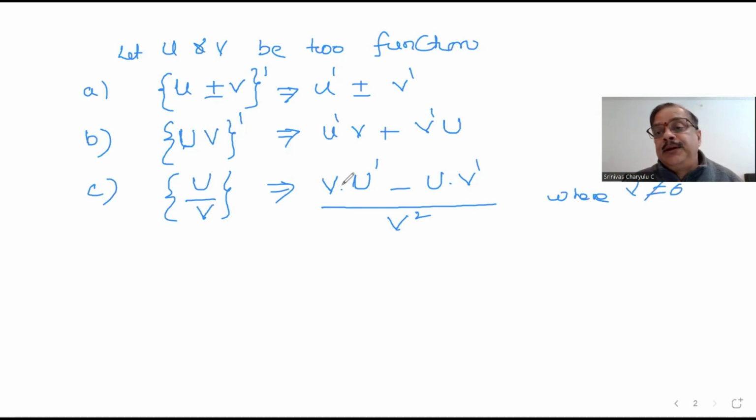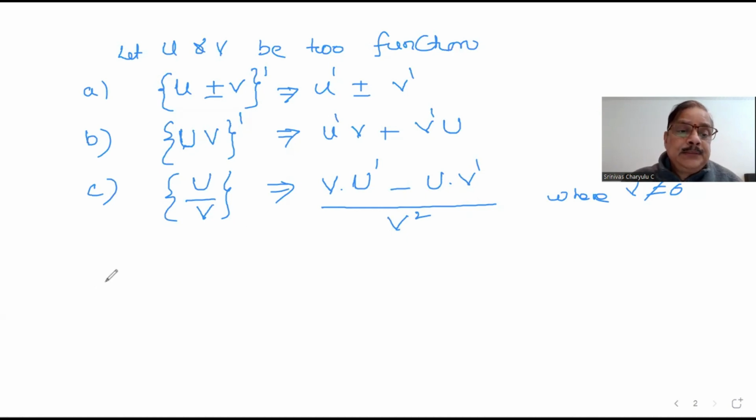So denominator into differentiation of numerator minus numerator into differentiation of denominator divided by denominator square. So remember this. These three are very, very important in the sums.